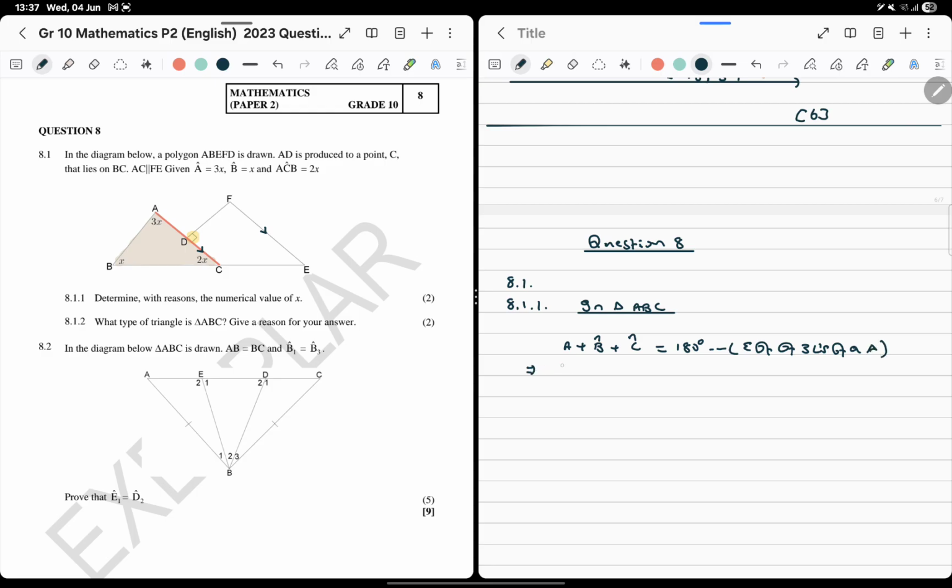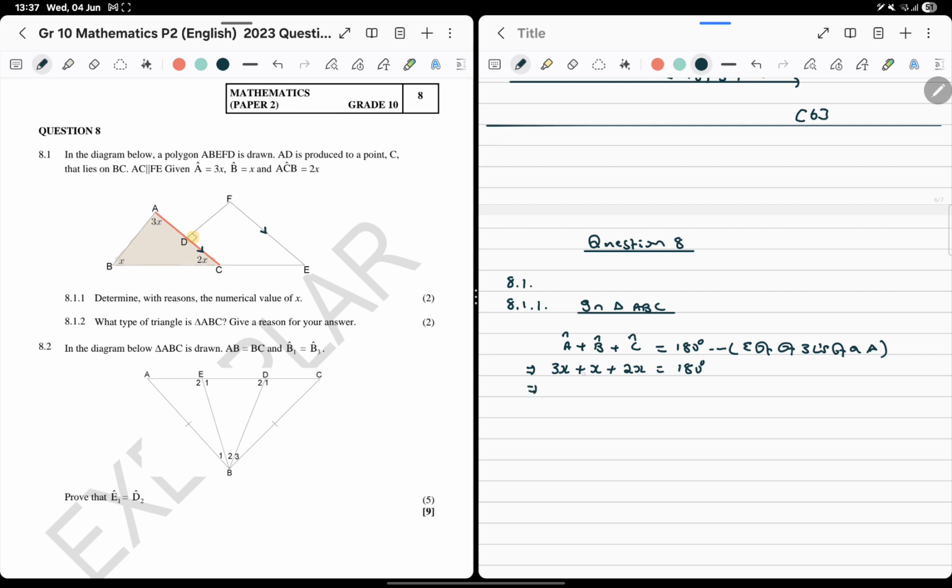So this implies that angle A is 3x plus, please don't forget the caps. Otherwise, we're talking about a point without a cap. Once you remove the cap, you're just talking about a point on the Cartesian plane, so it doesn't hold water. B is x, C is 2x, equals 180 degrees.